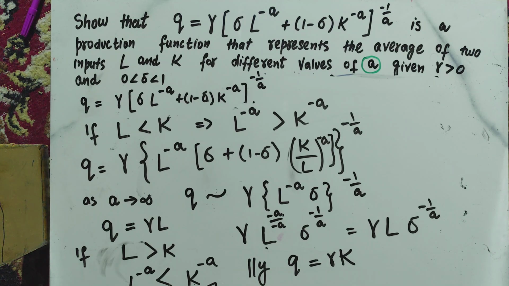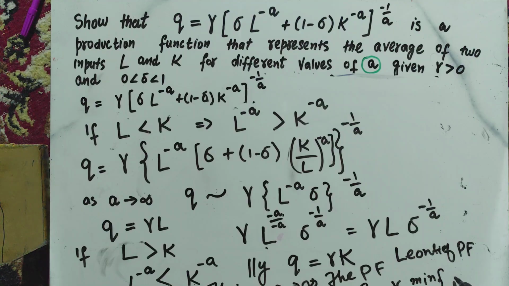That means as a approaches infinity, the production function approaches the Leontief production function, that is, Q is equal to gamma times the minimum of L and K.